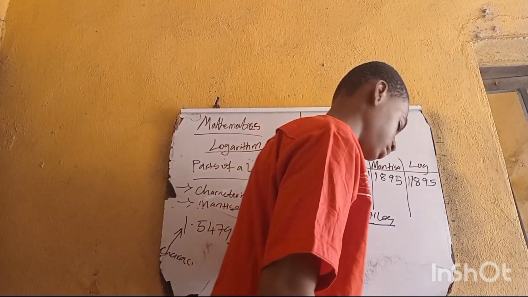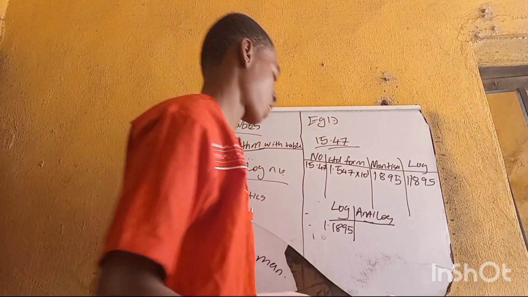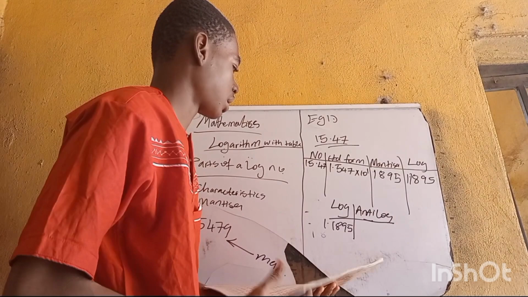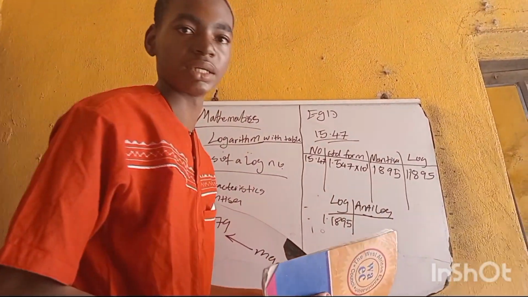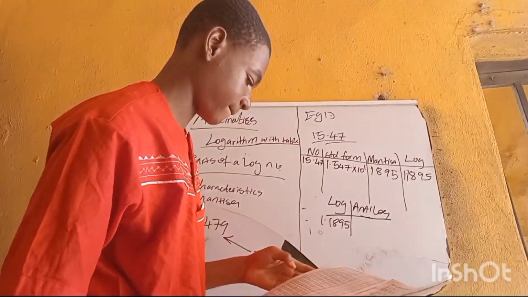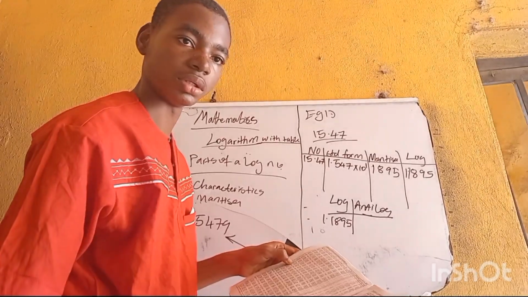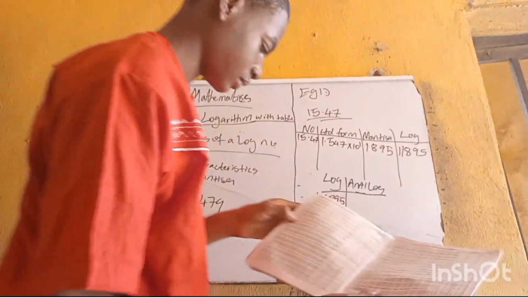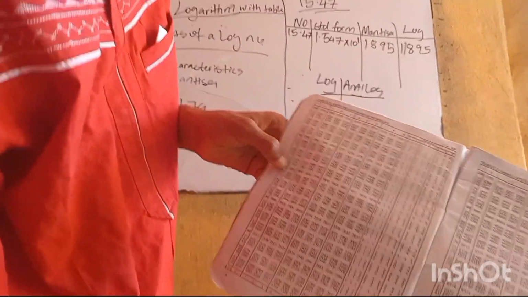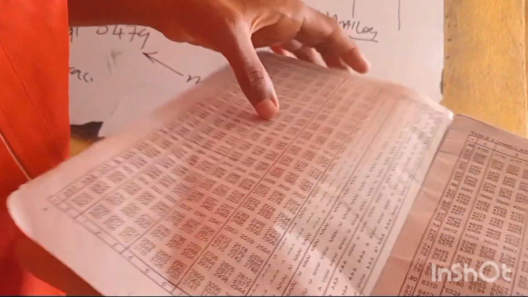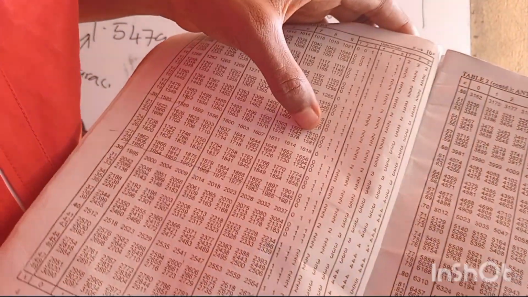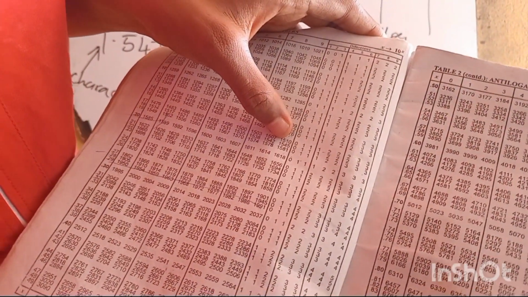Turn to anti-logarithm. Anti-logarithm of 18 under 9, difference 5. 18 under 9, you trace it to 9, which is 1504.